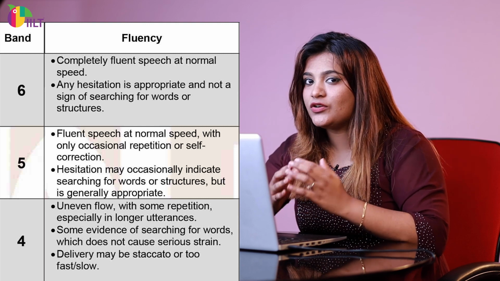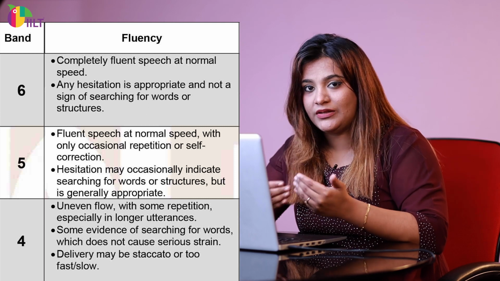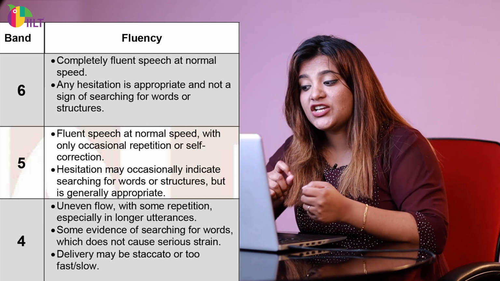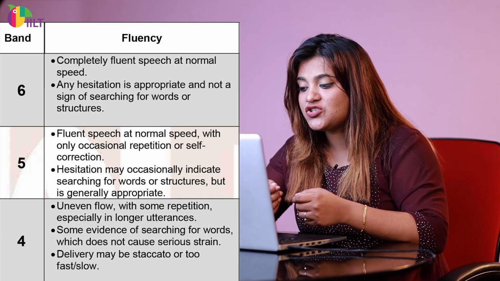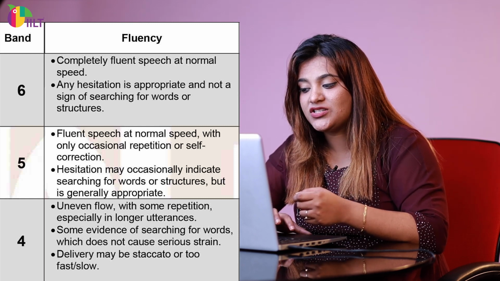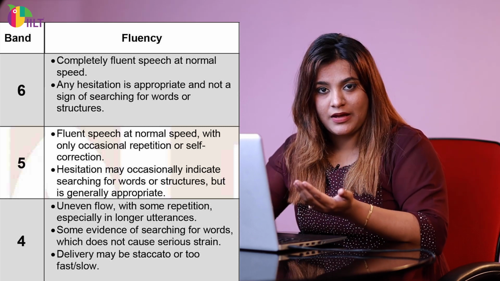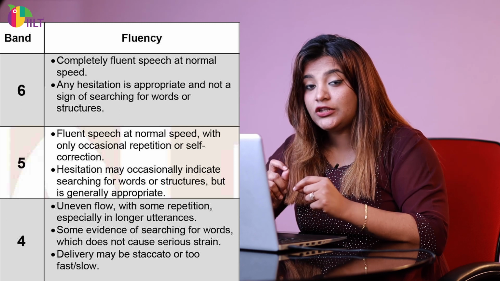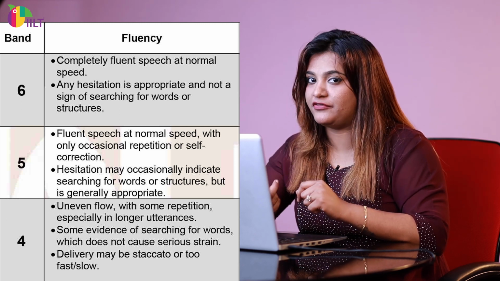So let's see how your score will be reduced from 6 to 5. Even if you're fluent with a normal speed, with occasional repetition or self-correction, and hesitation may occasionally indicate searching for words or structures but is generally appropriate. So imagine you're talking in a fluent manner at a normal speed with occasional repetition or self-correction.